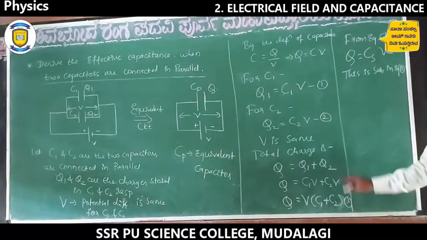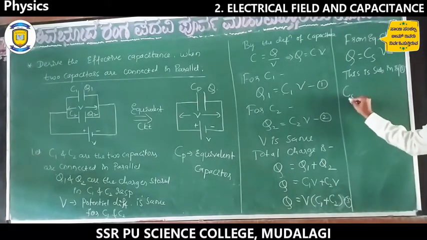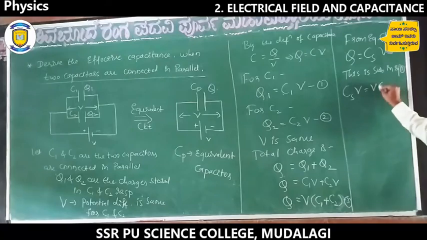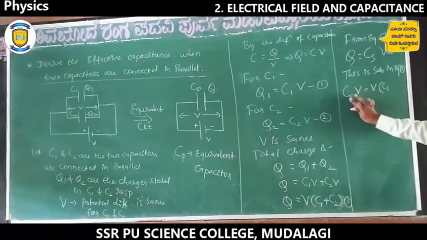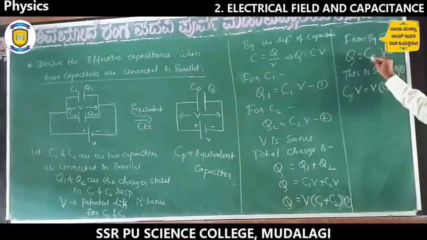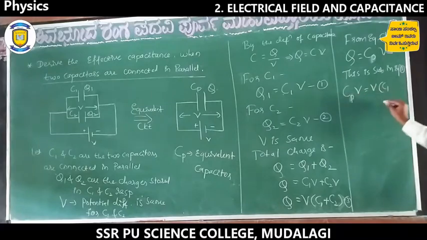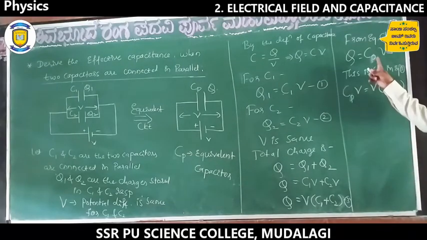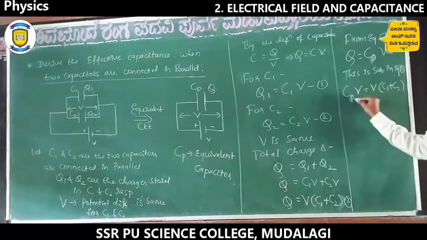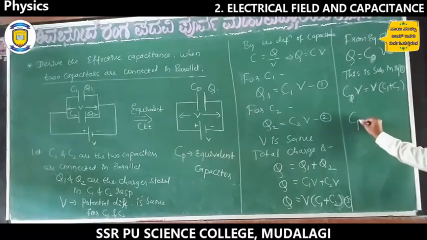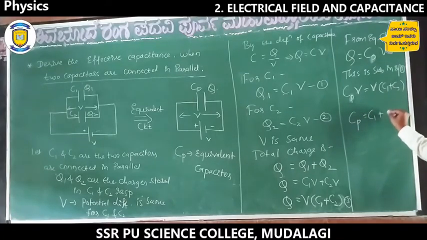So Q becomes CP V, which is equal to V into C1 plus C2. Because this is parallel combination, we take CP. So V cancels, that is CP is equal to C1 plus C2.